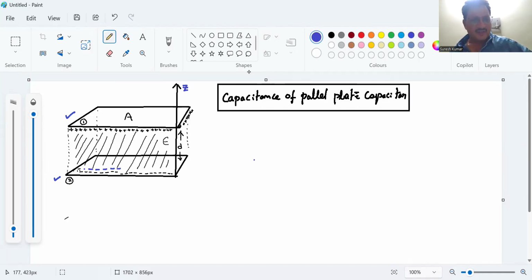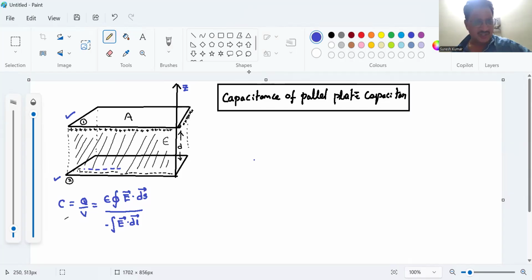Now, according to the capacitance formula, C is equal to Q by V, which is equal to epsilon. I'm going to use Gauss law here also. E bar dot dS bar by minus E bar dot dl bar.